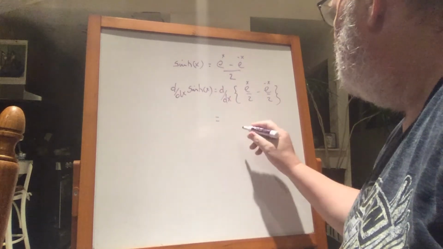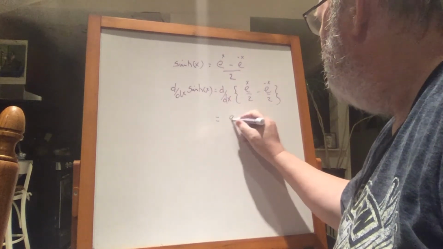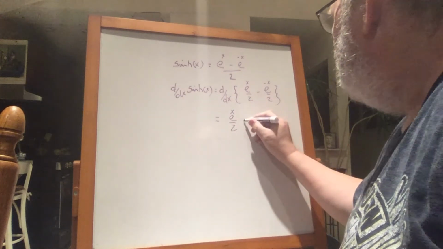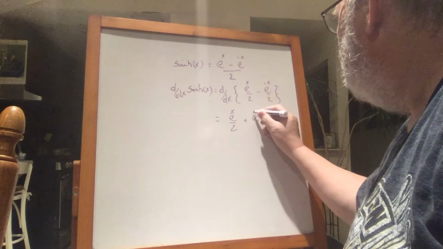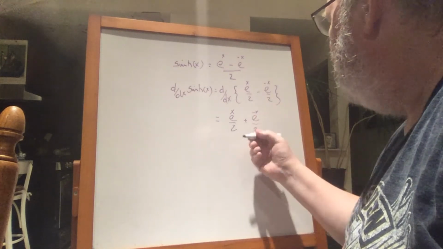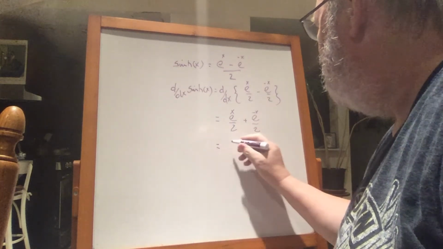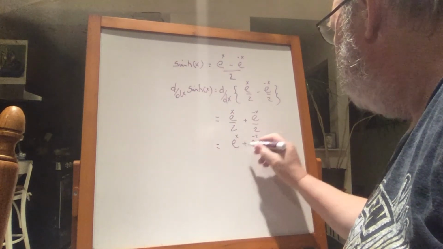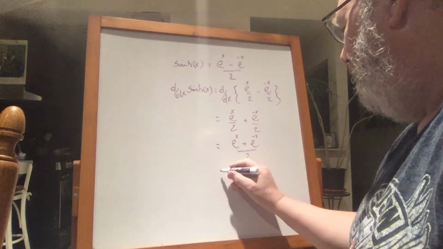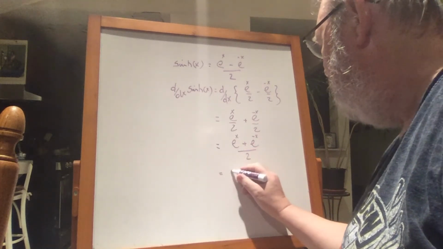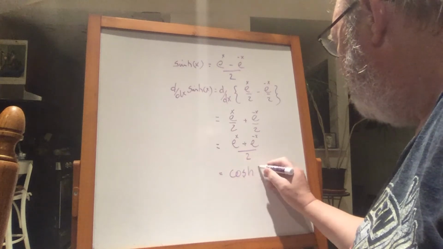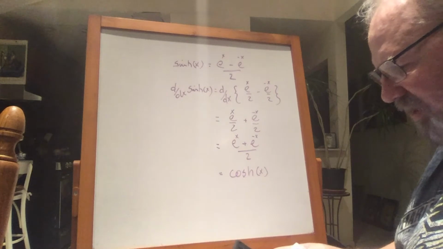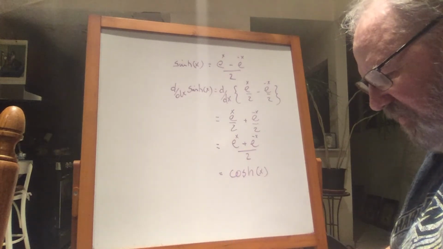And that's equal to e to the x over 2 plus e to the minus x over 2, which is e to the x plus e to the minus x over 2. And that is the cosh of x. Yes, it works out.